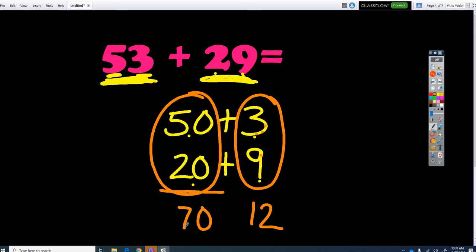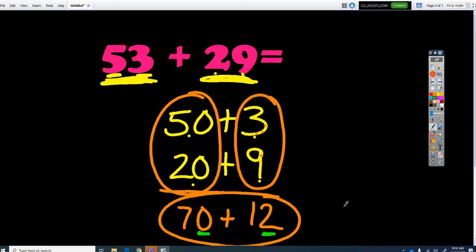But I'm not done, because my answer isn't 70, 12. I have to put the 70 and the 12 together to get the answer. So 70 plus 12, I know that 0 and 2 make 2 ones, and 7 and 1 make 8 tens.